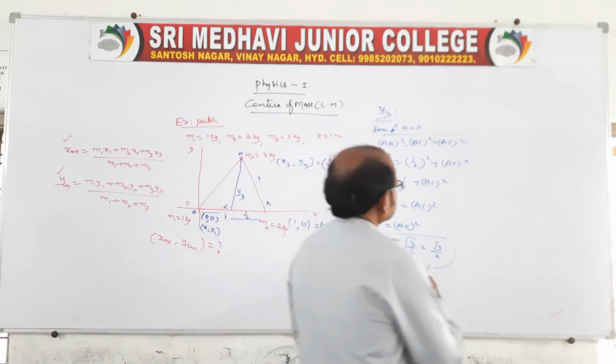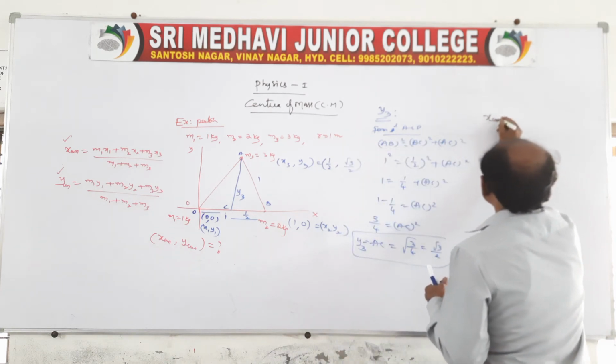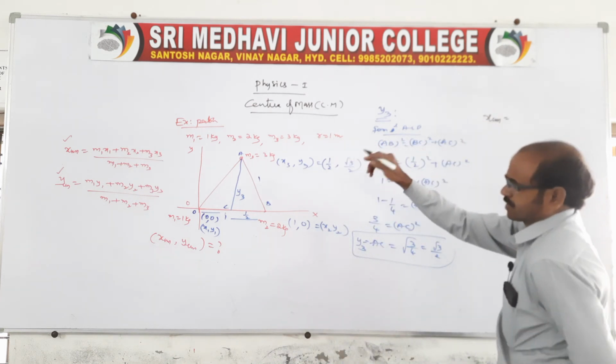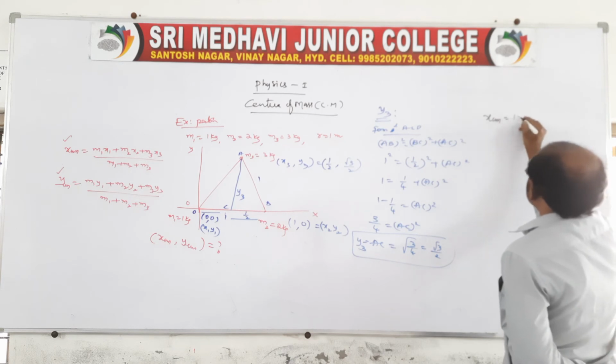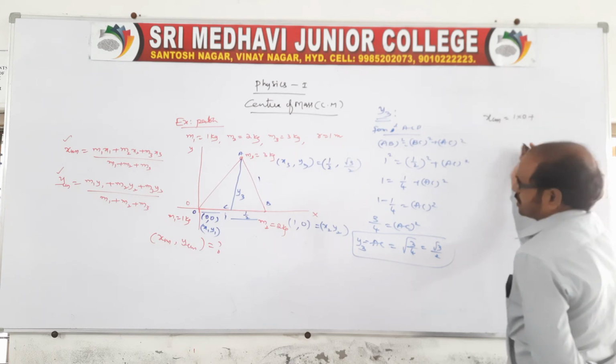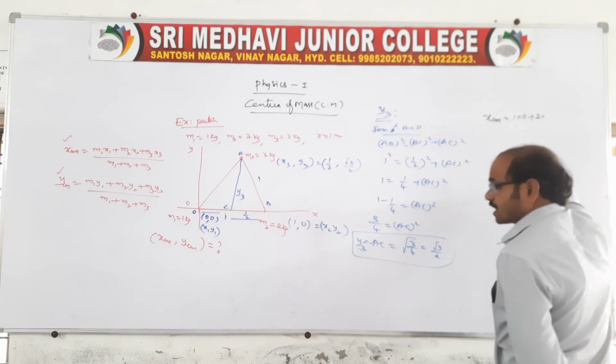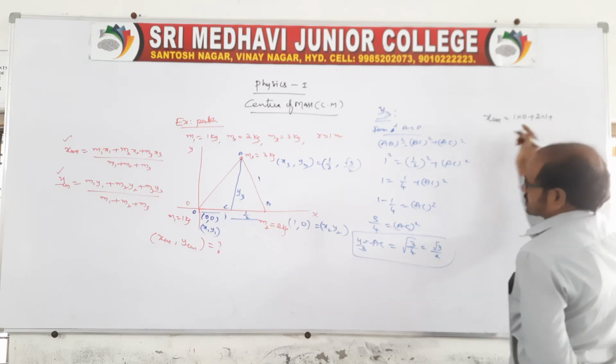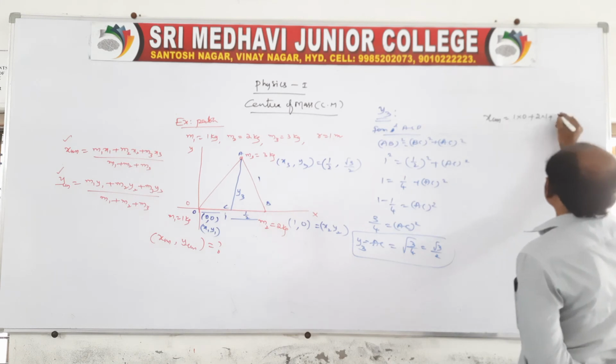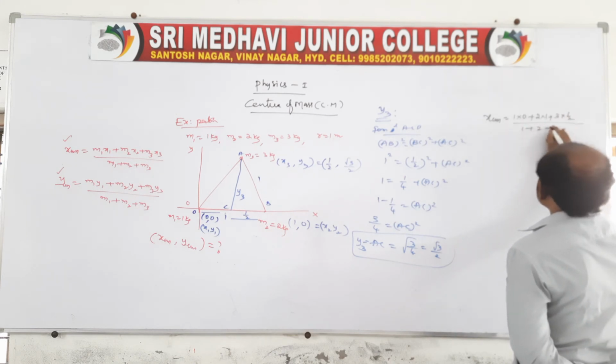Let us first take xcm is equal to m1 x1. What is m1? 1 into x1, which is 0, plus what is m2? 2 into x2, which is 1, plus m3, 3 into 1/2, by 1 plus 2 plus 3.